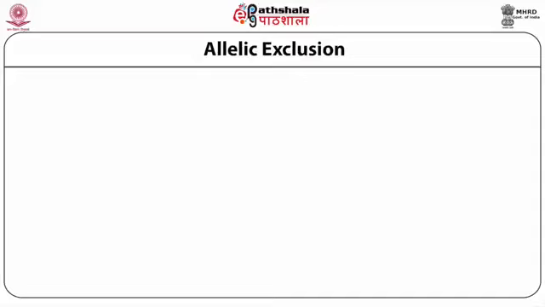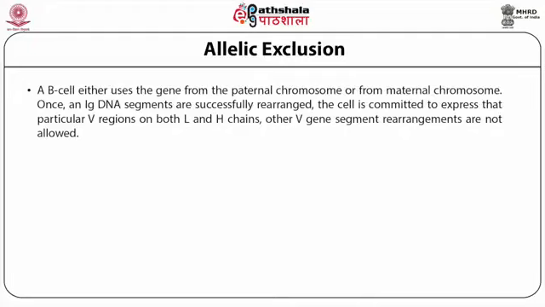Let us look at the phenomenon of allelic exclusion to which we had briefly referred. A B cell uses the genes either from the paternal chromosome or from the maternal chromosome. Once Ig DNA segments are successfully rearranged, the cell is committed to express that particular V region on both L and H chains.